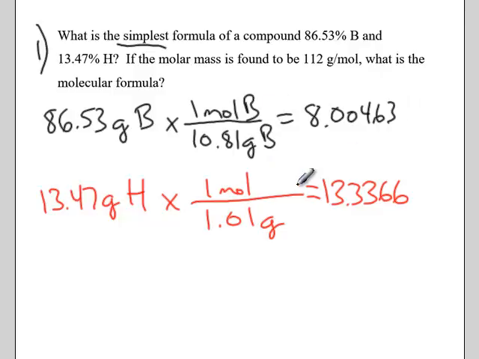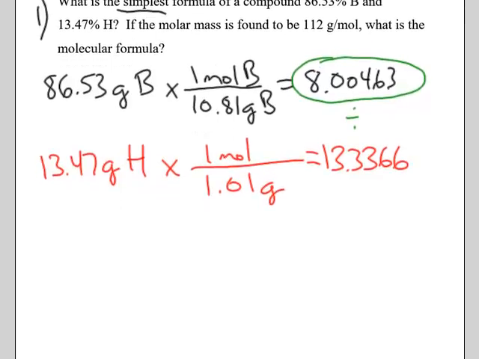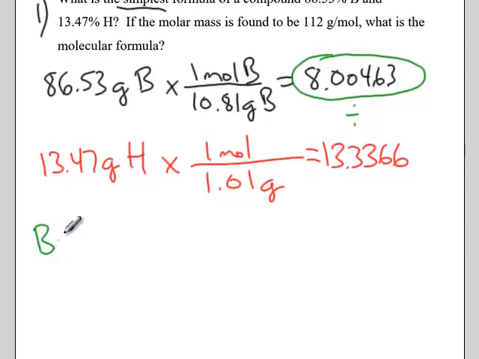Next, I want to get those into the smallest ratio of whole numbers, and I do that by dividing both of them by the smaller number, 8.00463. So I'm going to get an answer for the boron that's equal to 1, and for the hydrogen I'm going to get an answer of 1.66.